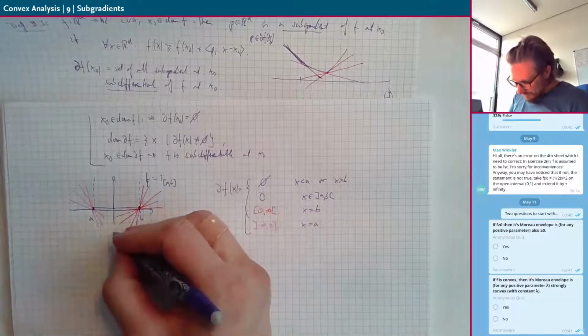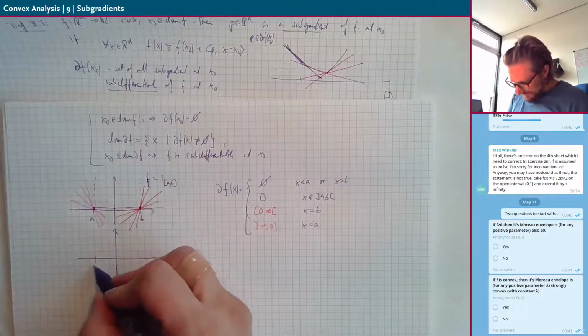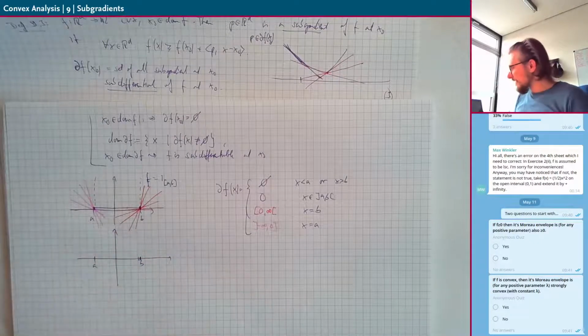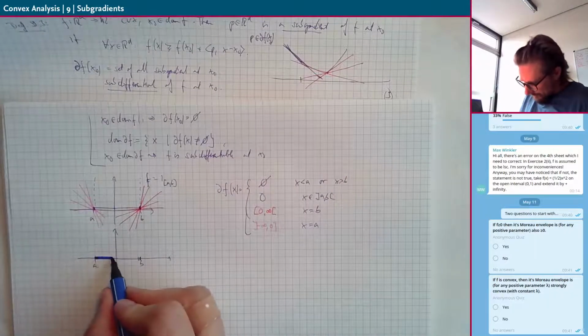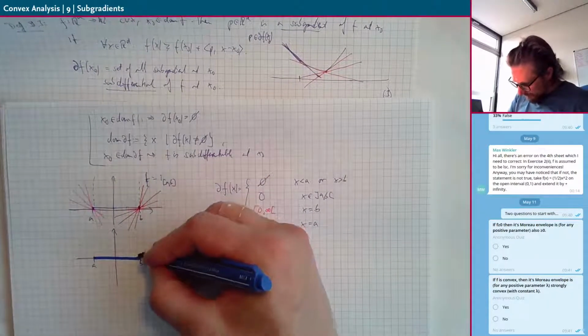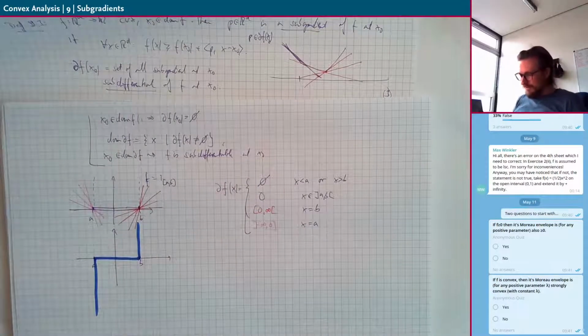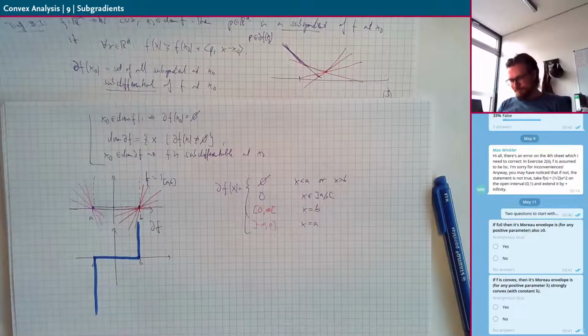Graphically, it would look like this. If here is A and here is our B, then the subgradient would be constant 0, constant 0, constant 0, and at that point it's this full line here extending to plus infinity. So that's the graph of the subgradient map in this case.